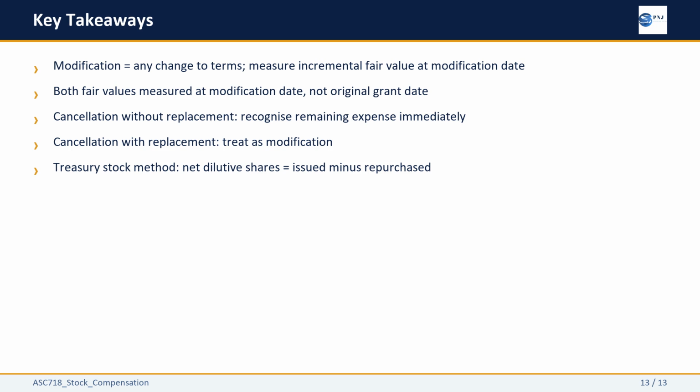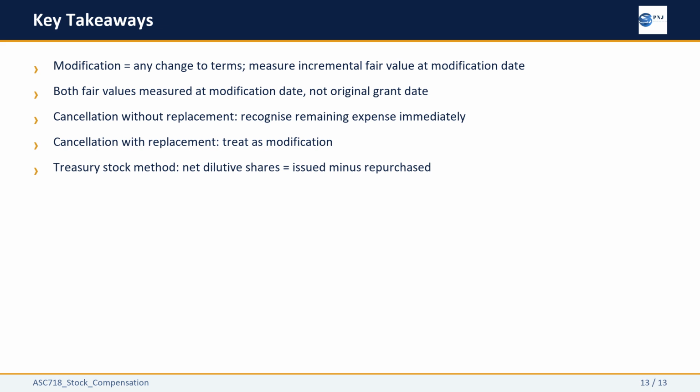Let's recap the key points from this section. A modification is any change to the terms or conditions of an award, and you measure incremental fair value by comparing the modified and original award fair values both at the modification date, not the original grant date. When an award is canceled with no replacement, any remaining unrecognized expense is recognized immediately.